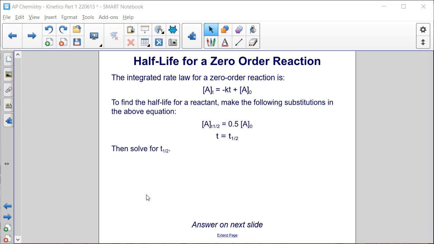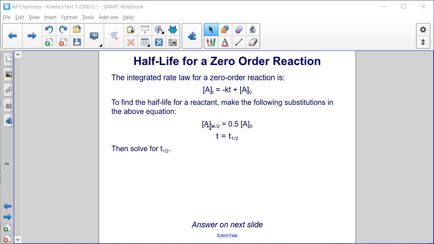All right, so let's look at half-life first for a zero-order reaction. We know that the integrated rate law for a zero-order reaction is as follows. The concentration is equal to minus K times T plus the initial concentration. To find the half-life for a reactant, we make the following substitutions in the above equation.